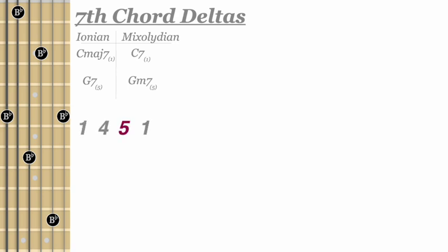Try that 1, 4, 5, 1, but when you hit that G, make it a G major 7th or a G minor 7th or a G dominant 7th, right? Just so you can explore and start to hear that sound even a little bit more, and you'll get comfortable with the mode just by playing with it, right?